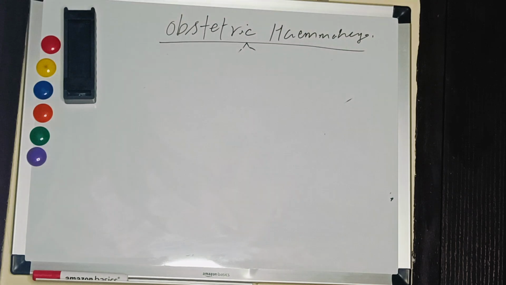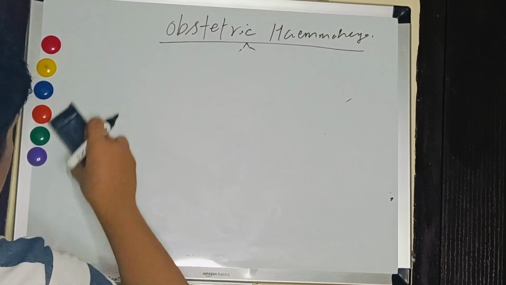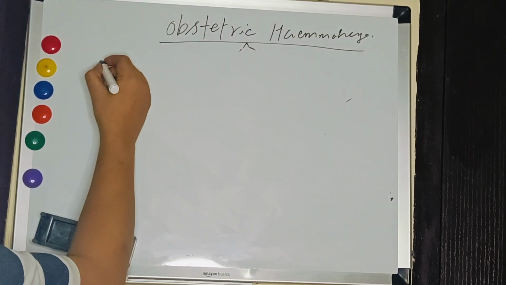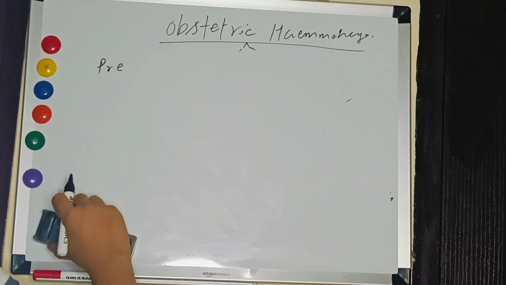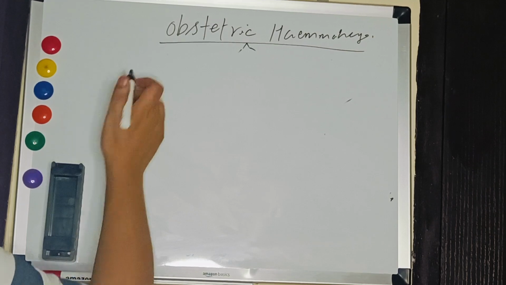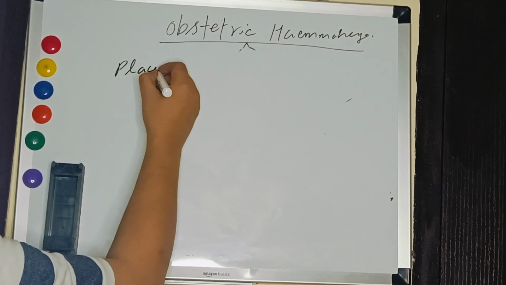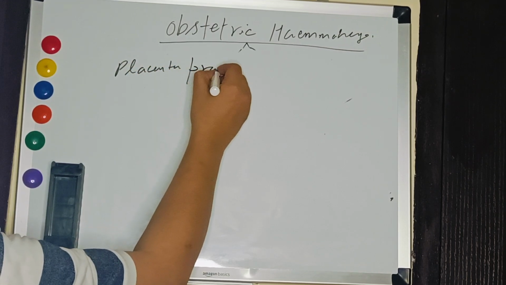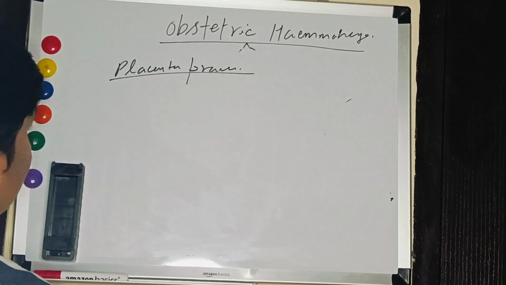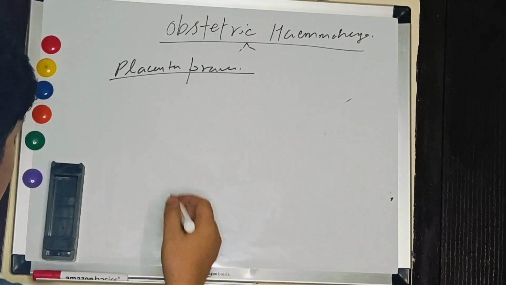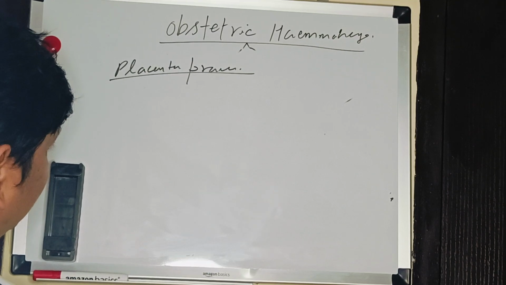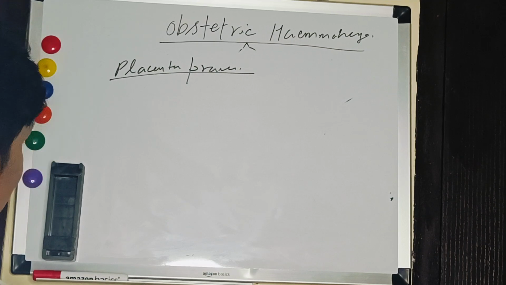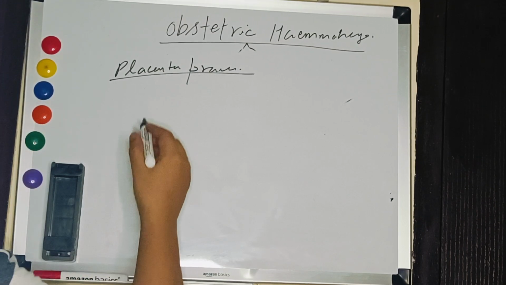Now, before proceeding further, a brief discussion of a few terms, like placenta previa. What is placenta previa? It is a low-lying placenta, and sometimes it covers the os, sometimes the complete os.